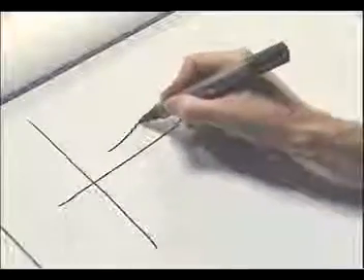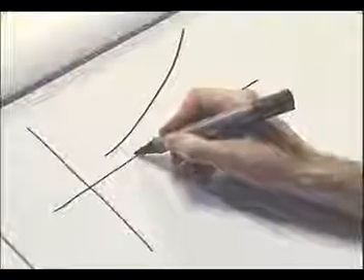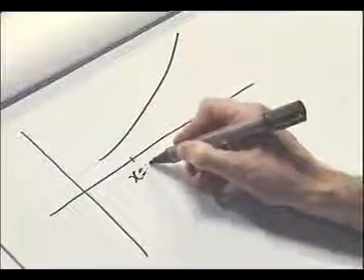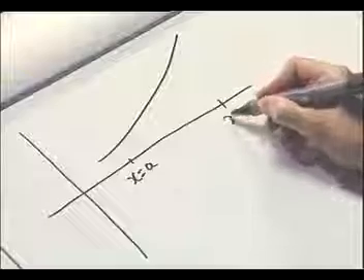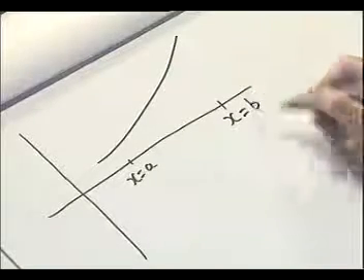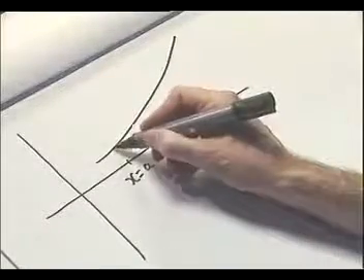So let's start off with more or less the same diagram that I began with before. Section of the curve, we'll identify 2 points on the x-axis, x equals a, x equals b.